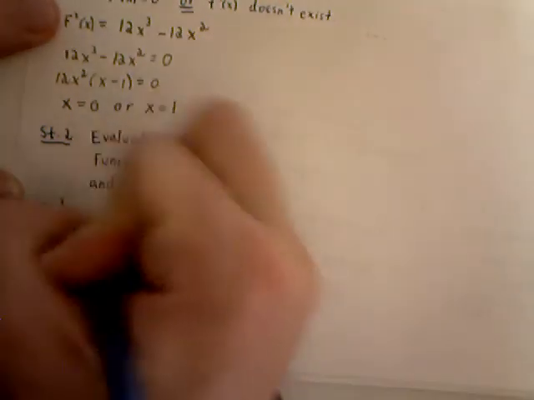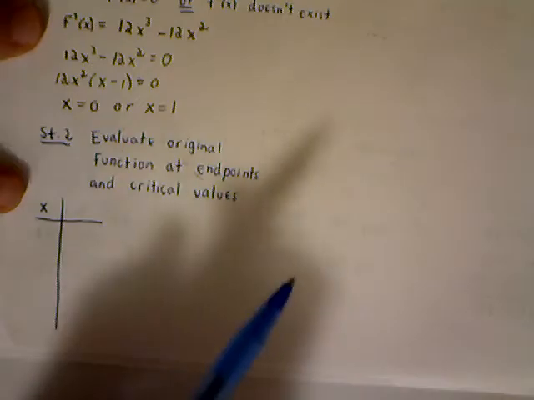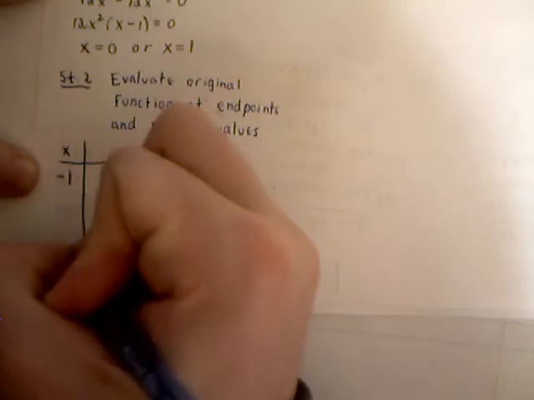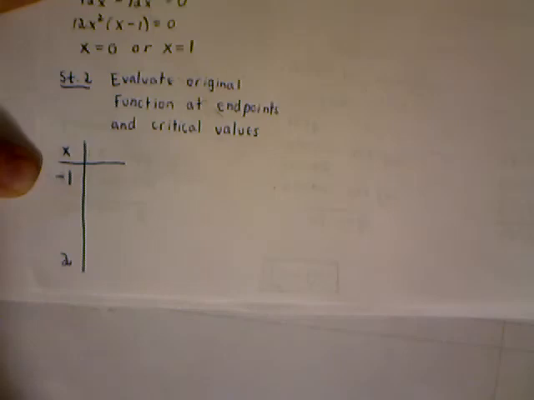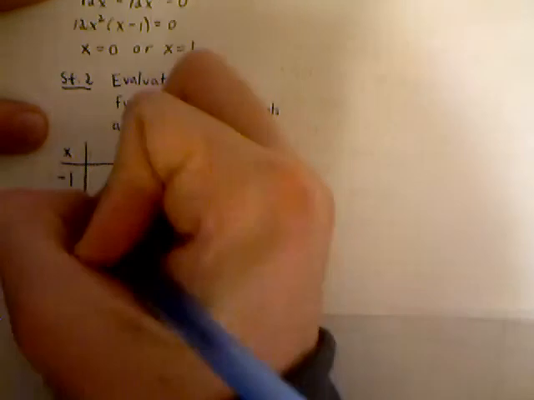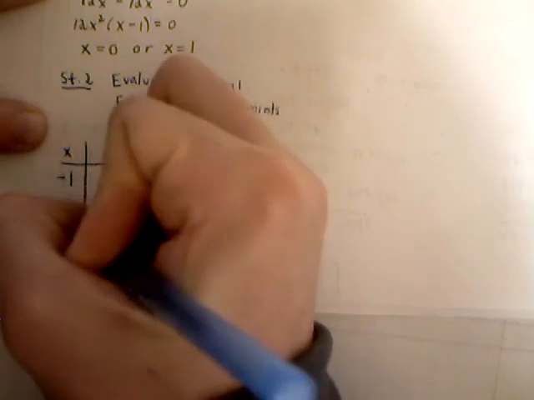My endpoints of this interval are -1 and 2, so I'm going to put -1 and 2. The critical numbers I found in step 1 are 0 and 1.